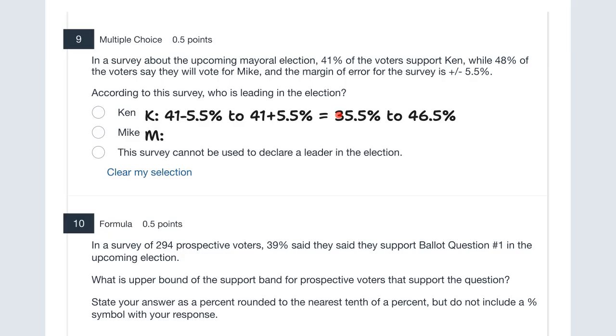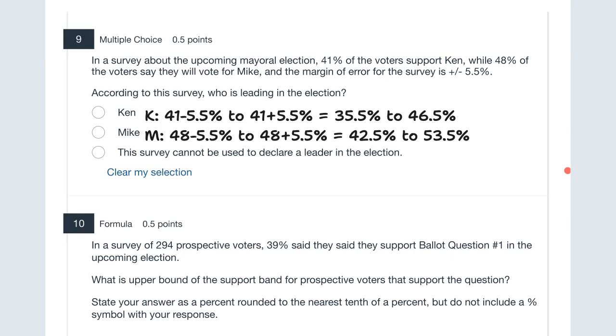For Mike, his lower band is 48 minus 5.5% up to 48 plus 5.5%. So 48 minus 5.5% is 42.5. 48 plus 5.5 is 53.5.